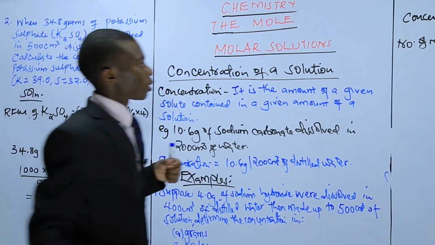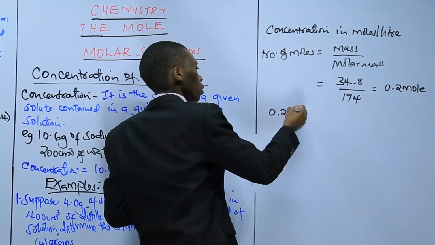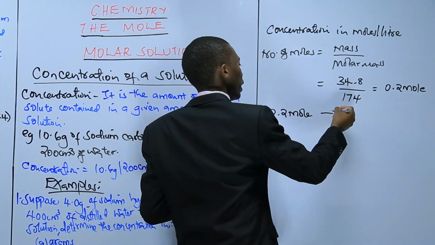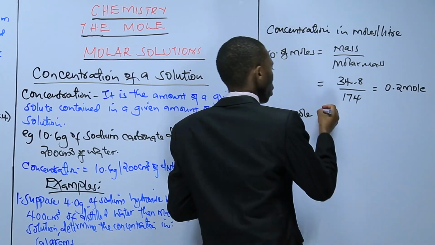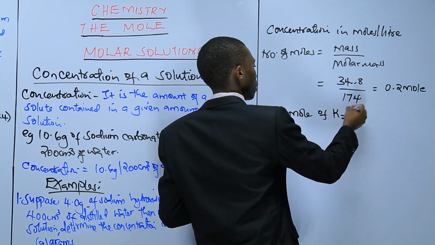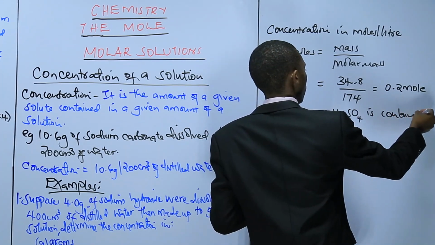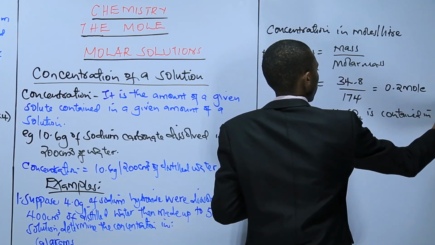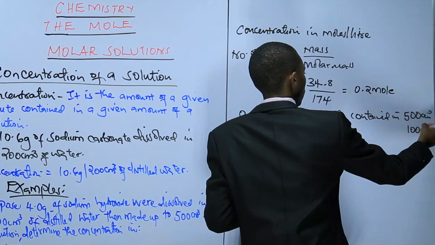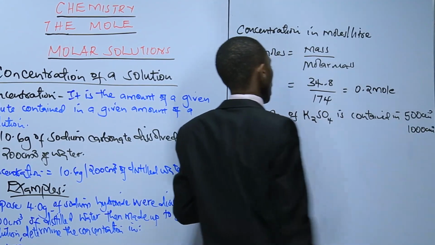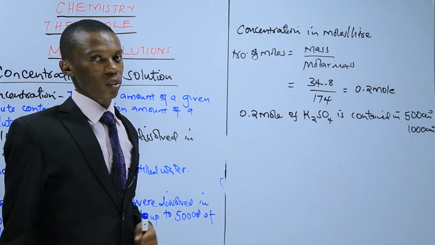Therefore, if 0.2 mole of potassium sulfate is contained in 500, then what about 1,000? How many moles will be contained in 1,000?